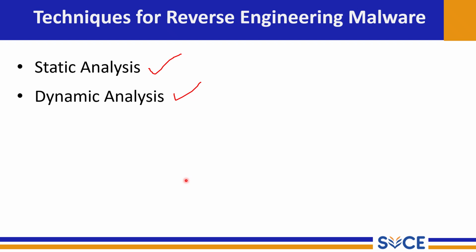The analyst should also use a debugger such as OllyDbg or x64dbg to perform dynamic analysis on the malware. This can include debugging and tracing the code to identify how the malware interacts with the system and any anti-debugging techniques it may be using.